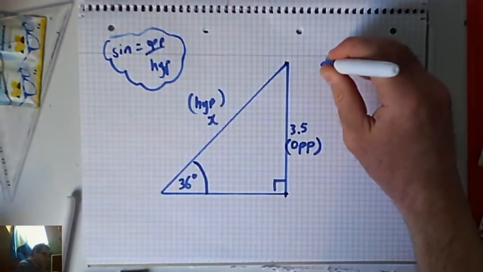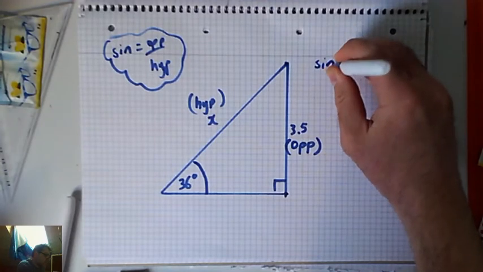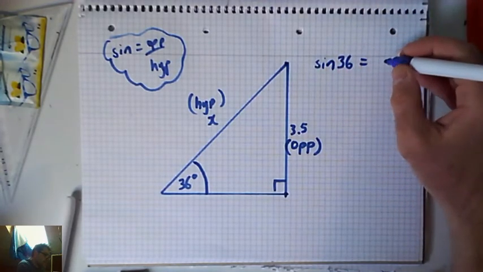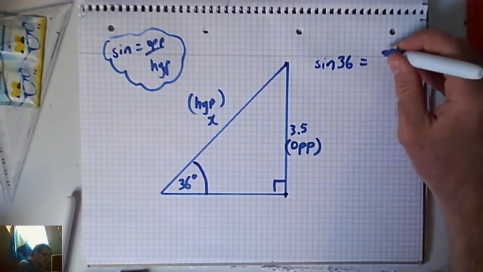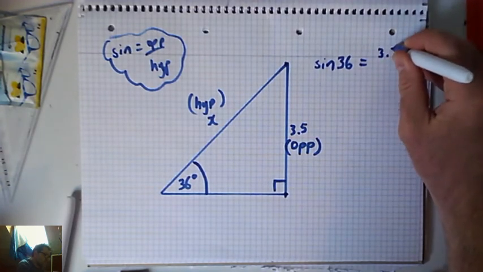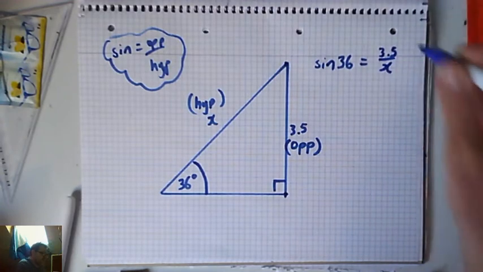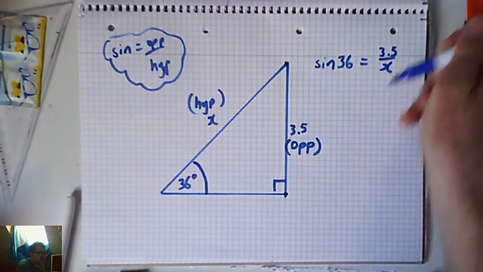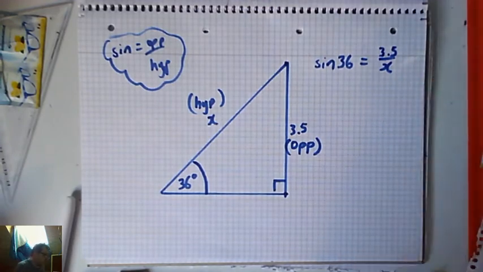So I'm going to write down everything I know about this triangle. So sine of 36 is equal to opposite over hypotenuse, 3.5 divided by x. So it's another of these ones where the unknown thing is in the denominator at the bottom of the fraction.